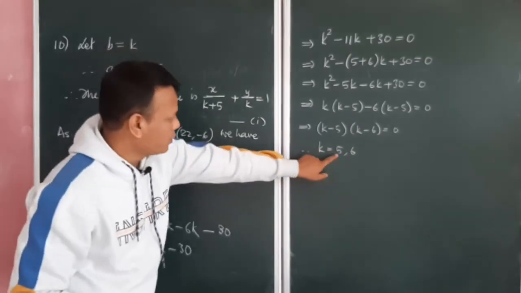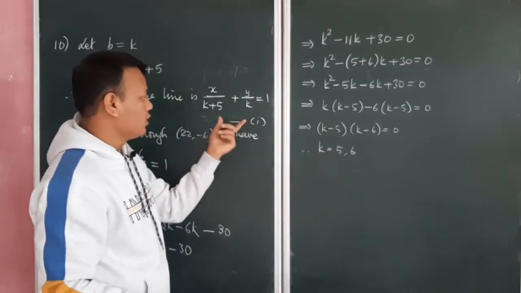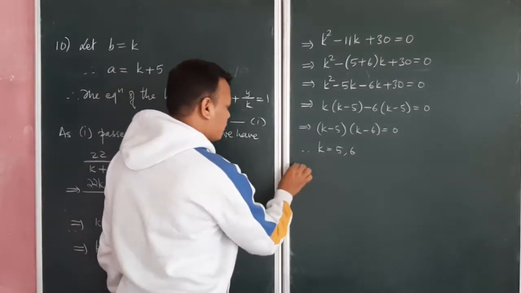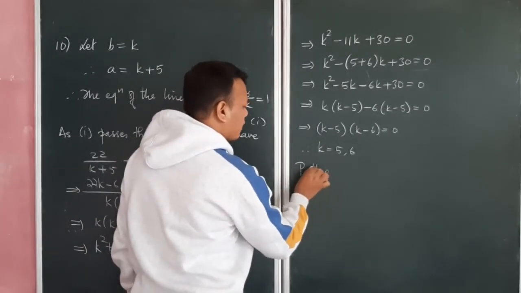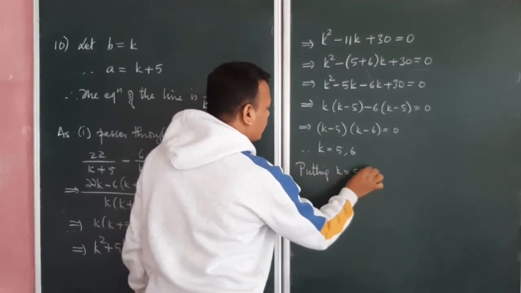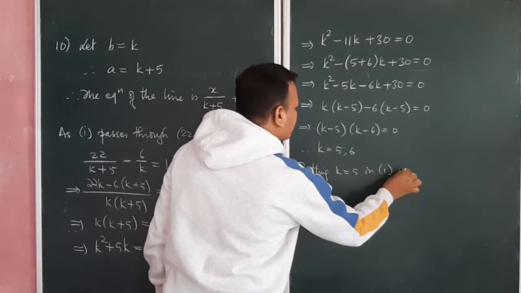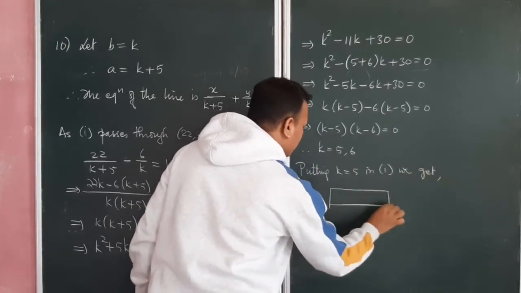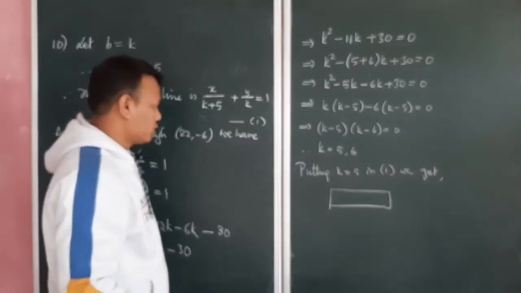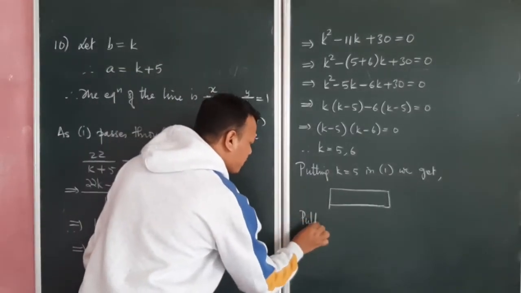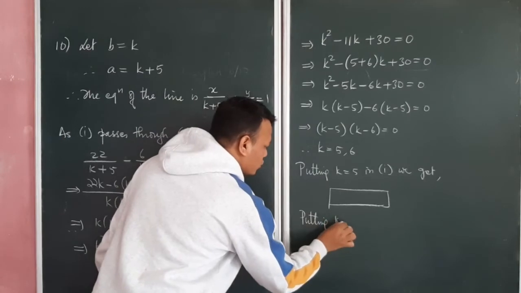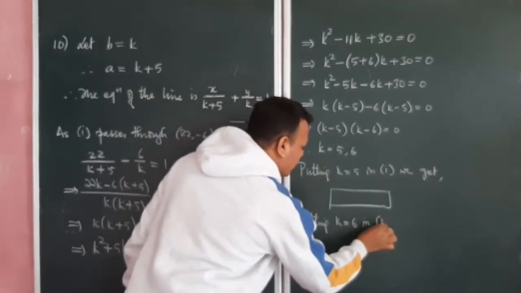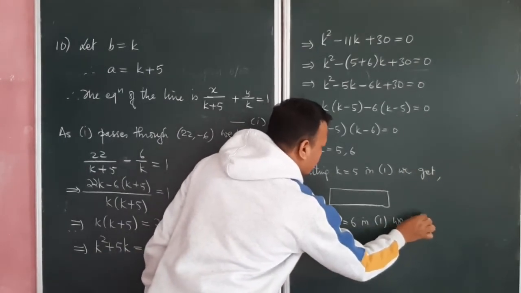Put the value of k as 5 in equation 1 and see what equation you get. That is your first answer. Then put k equals 6 in equation 1, and you get another equation.